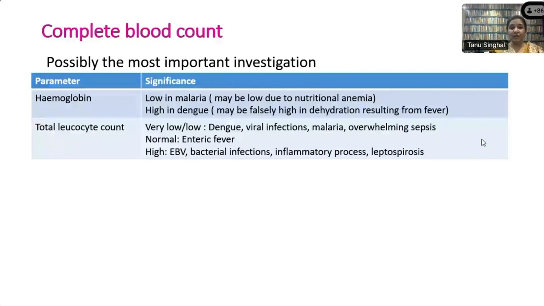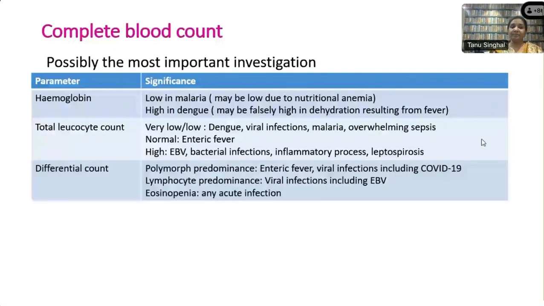The white cell count is usually normal in typhoid fever. And if it is high, it can even be a viral infection like EBV. Even in adenovirus, you can get a high white cell count. Bacterial infections, inflammatory processes, leptospirosis, rickettsia, all these conditions have a high white cell count. But nothing is sacrosanct. You can have a lot of overlap.